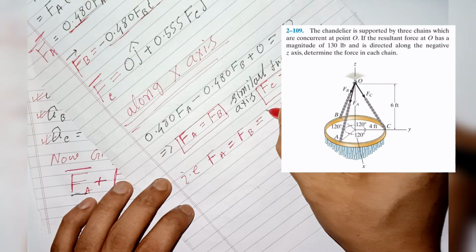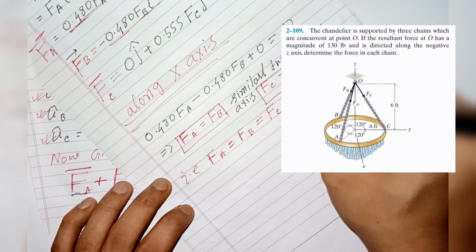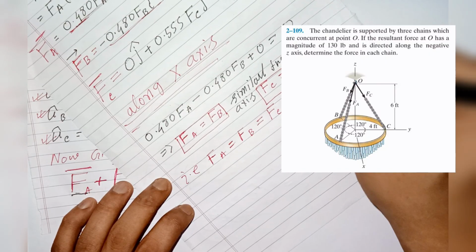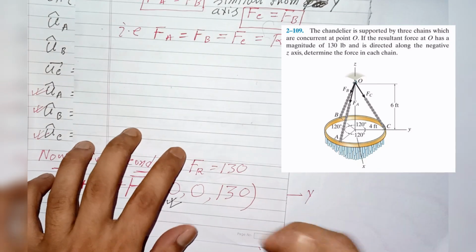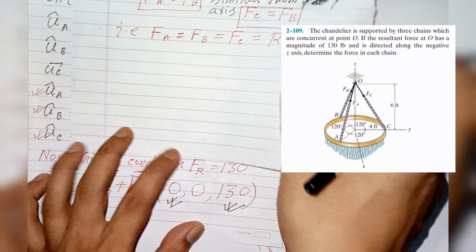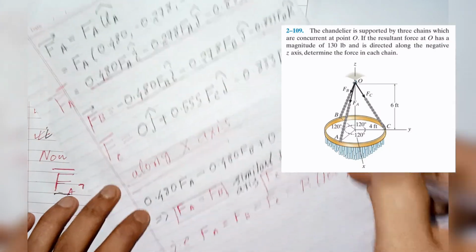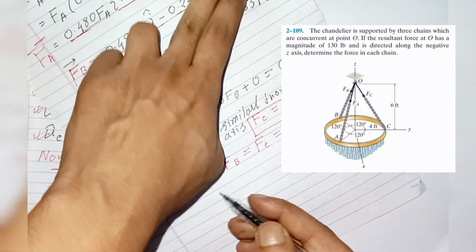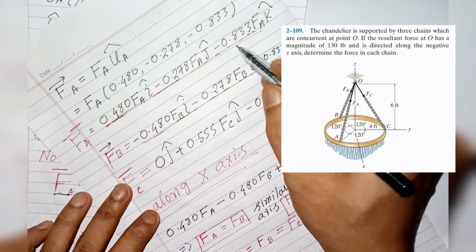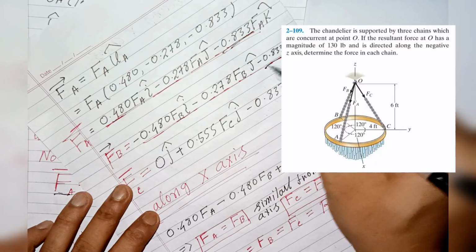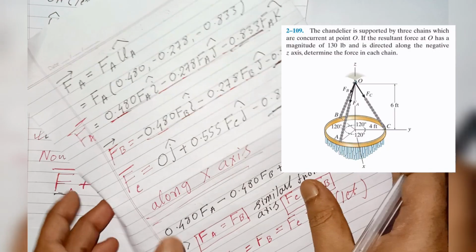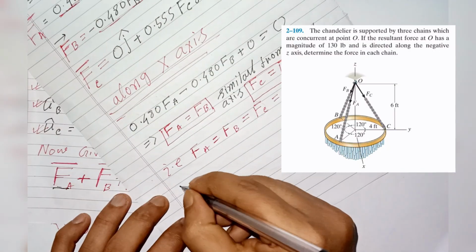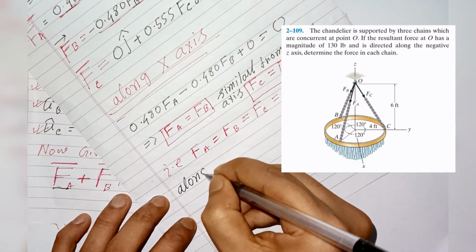And on the right side, what is the resultant? Here it is not 0, here it is 130. Along the z axis the resultant is not 0, it is 130, given by the question. So what is the coefficient of k cap? Minus 0.833, minus 0.833.